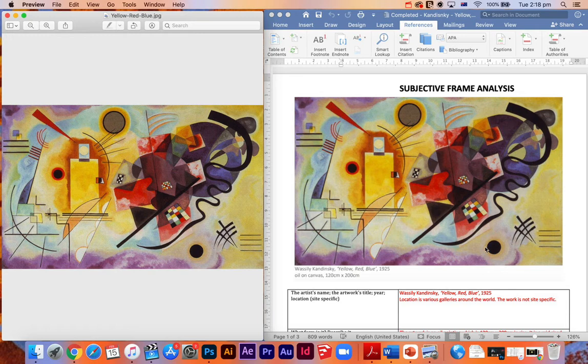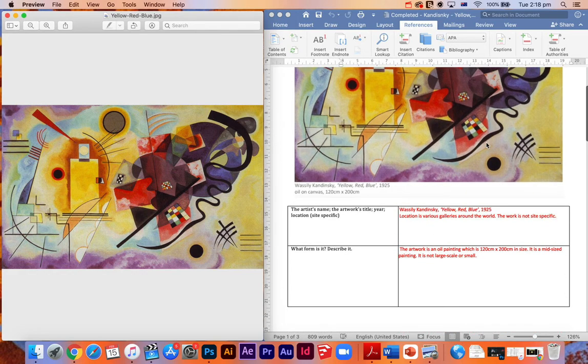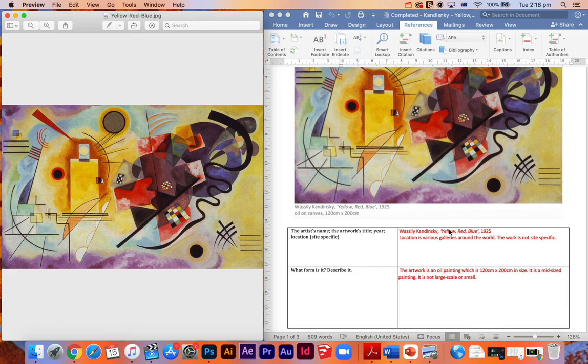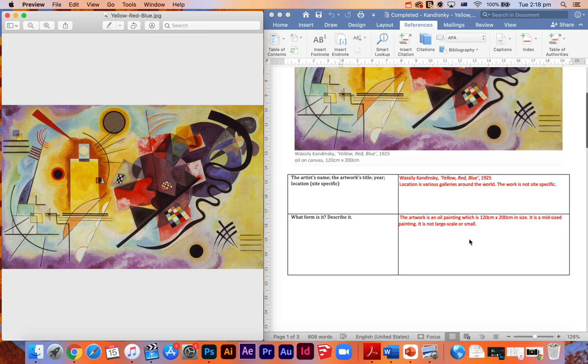So there's going to be a series of questions here which we'll go through, and I'll explain the answers I've given in relation to the work, which you can see on the left hand side here. As we always do, I've put the name of the work, the title and the year, and again we've said it's not a site-specific work, and we've also emphasized that it's a mid-sized work, not large scale or small, because sometimes those things do contribute to how we read it.